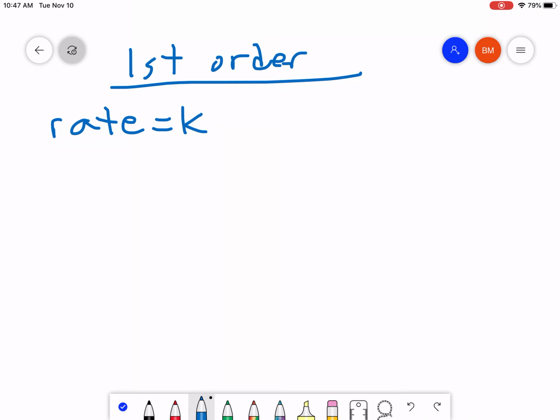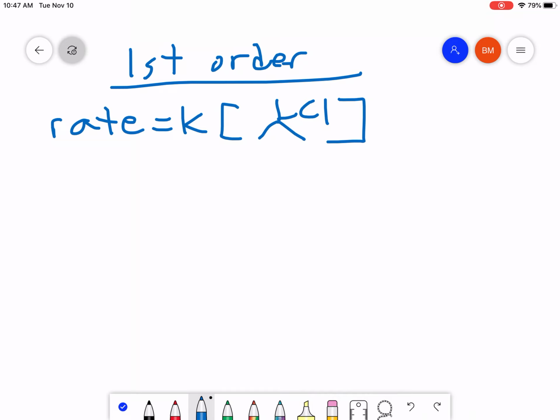Since we have two steps here, one of them's going to be slow, one of them's going to be fast. Just like with SN1 reactions, the formation of the carbocation is going to be far and away the slowest step. And so what is the only thing involved in that slowest step? It's your alkyl halide. So that's why E1 reactions are first order.